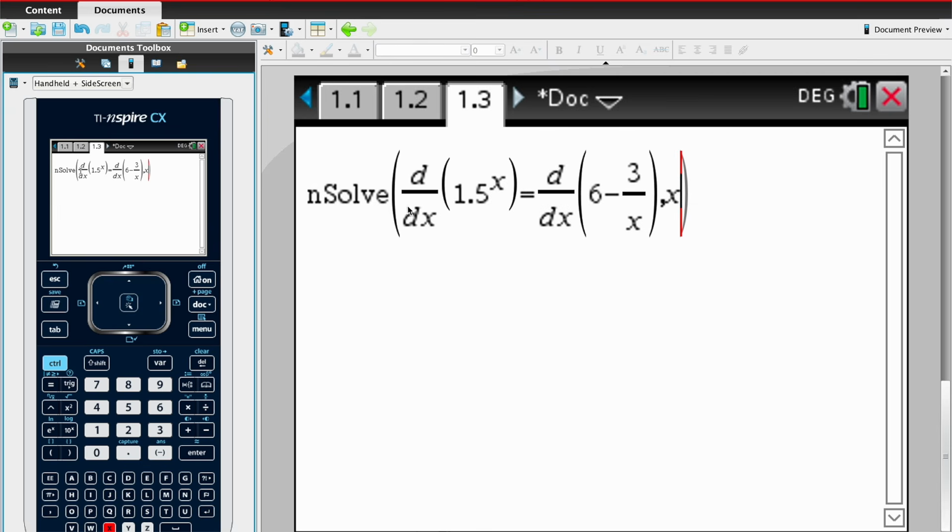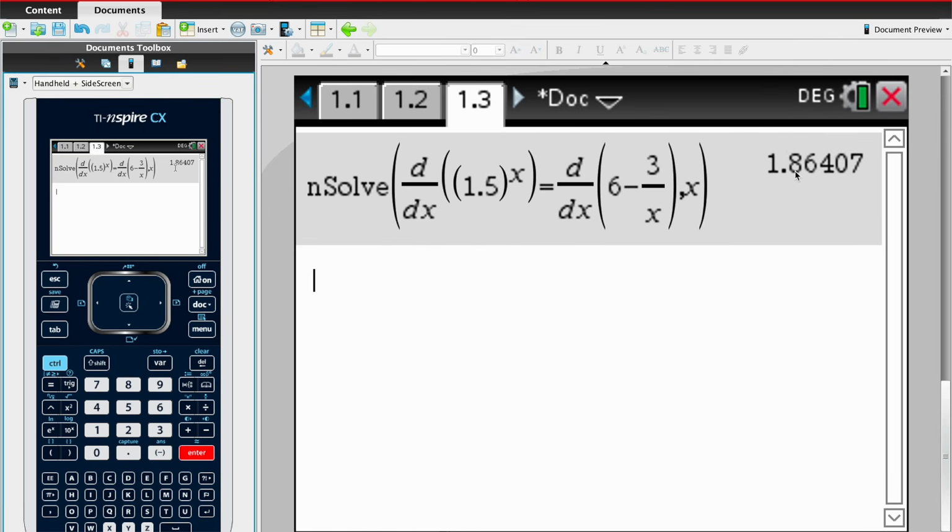So when does the derivative of 1.5 raised to the power of x equal the derivative of 6 minus 3 over x? In plain language, what is the point on each of these functions where they will have the same slope? For what value of x will they have the same slope? And that's at 1.864.